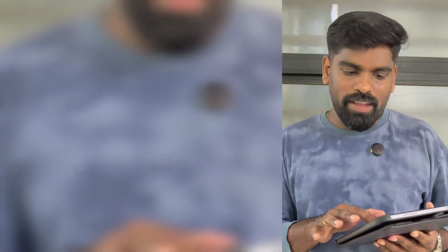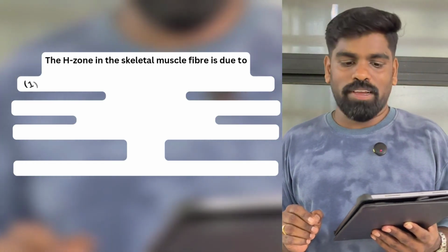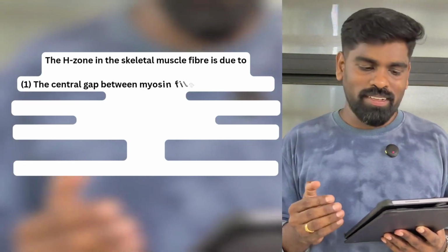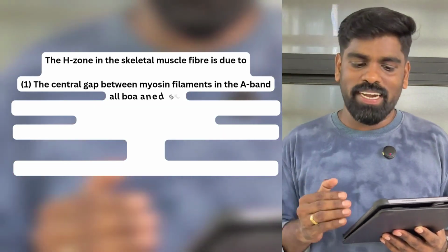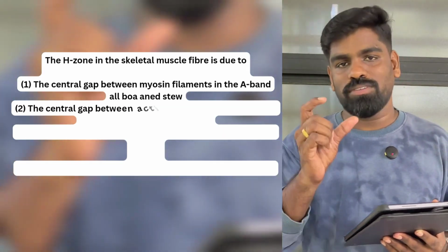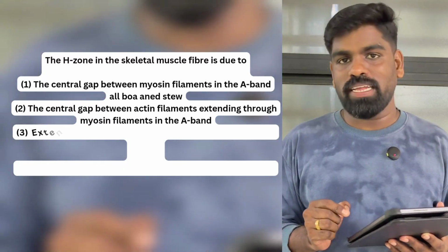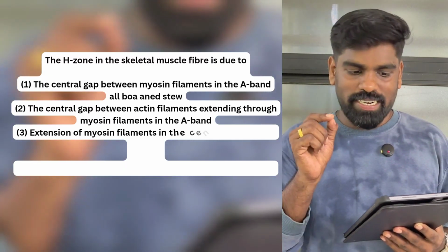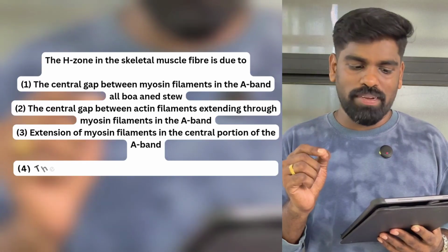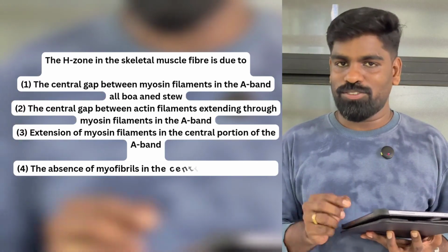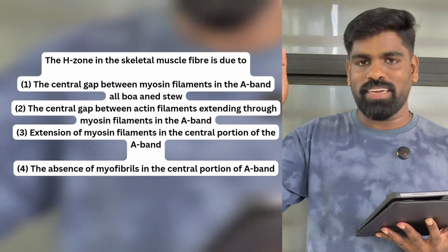Now the next question: the H zone in skeletal muscle fiber is due to what? The first option, the central gap between myosin filaments in the A band. Keep in mind what the H zone actually is.